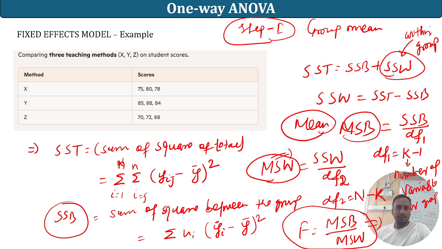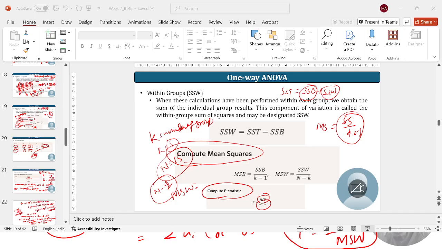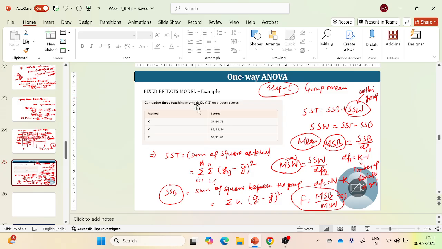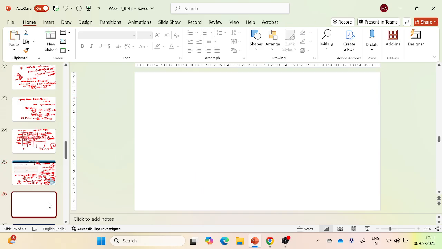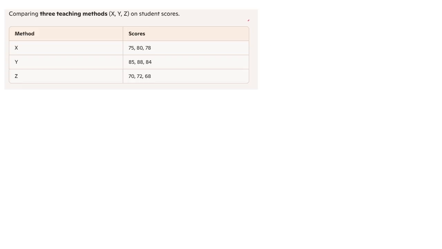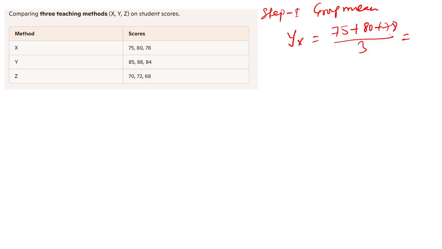So I will take one page. Okay, so the first step is the group mean. X bar will become how much? 75 plus 80 plus 78 by 3. How much will it come? Can you please tell?